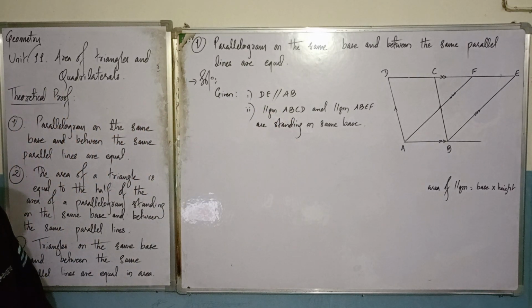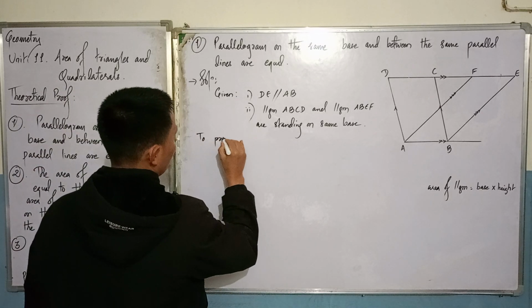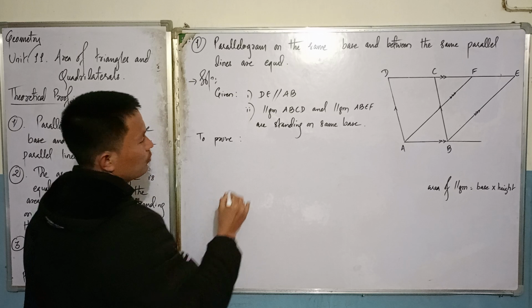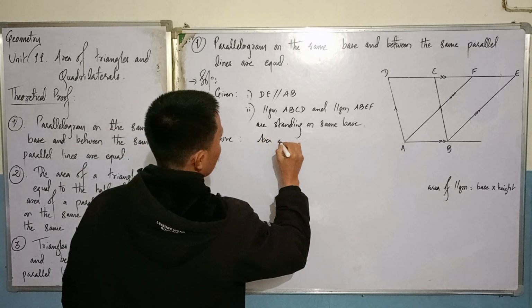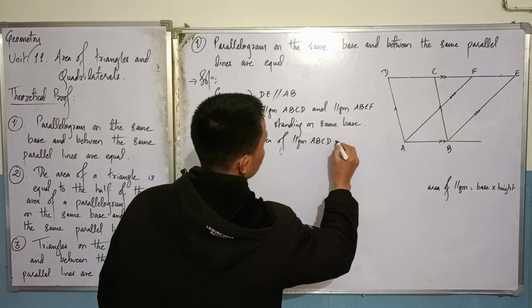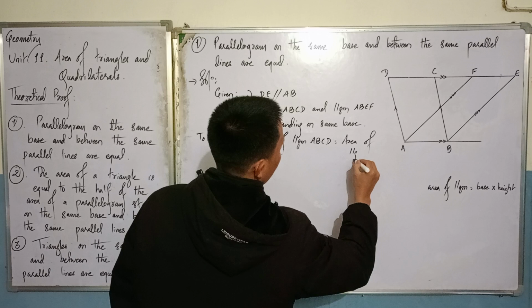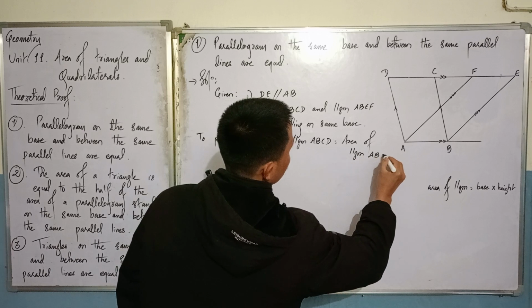Now what you have to prove is that the area of parallelogram ABCD is equal to the area of parallelogram ABEF.